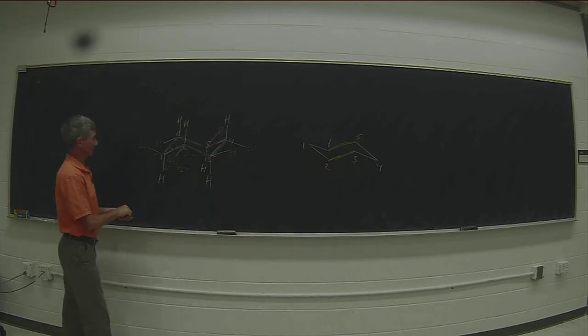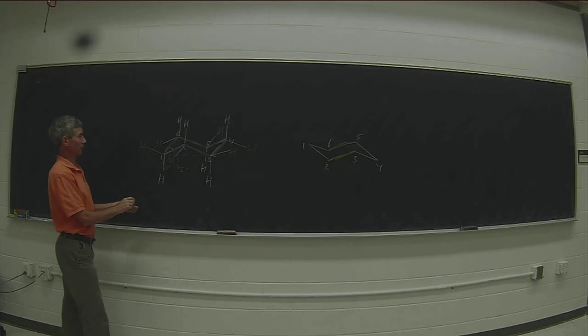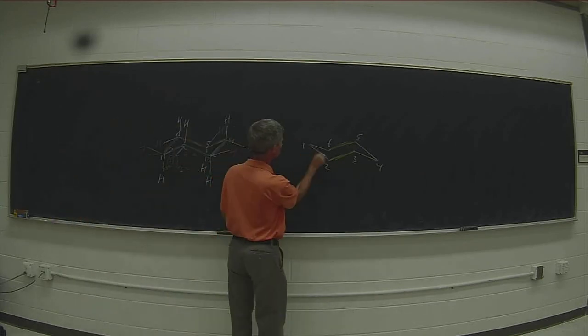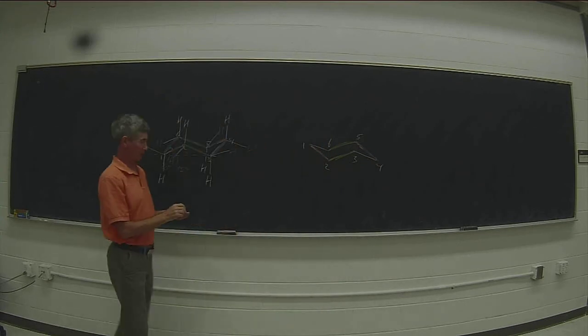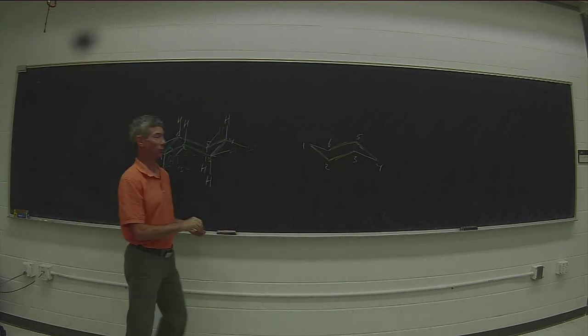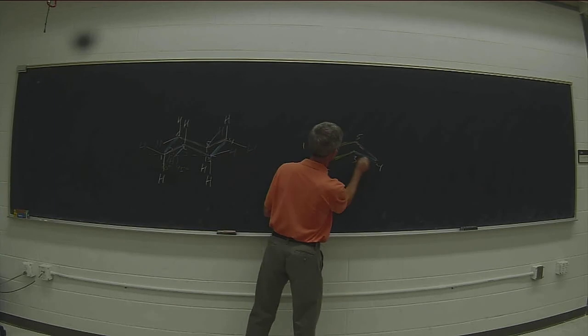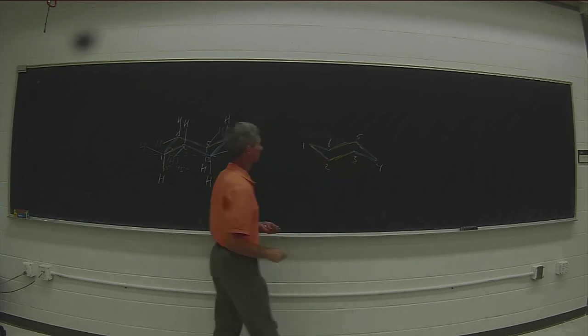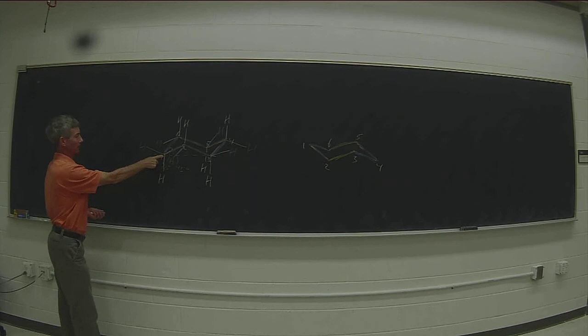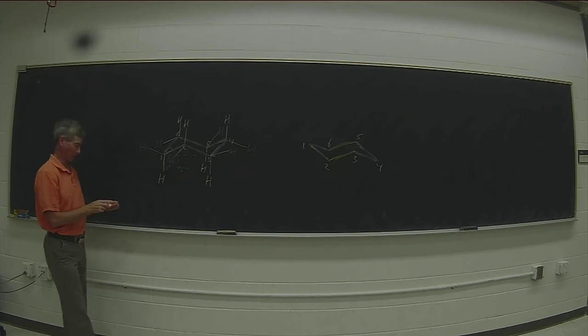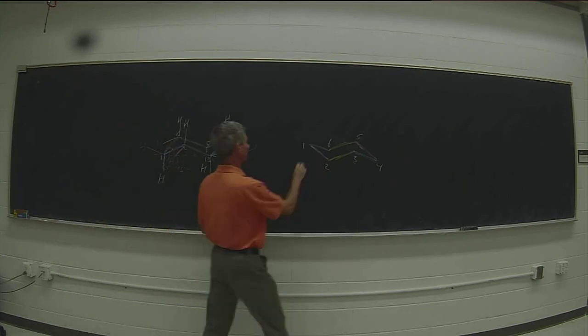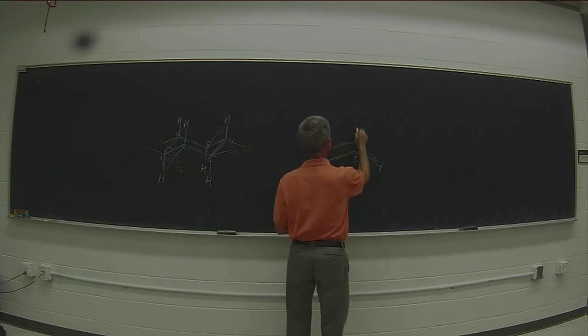The carbon 1,2 bond is parallel to the carbon 4,5 bond. And the carbon 3,4 bond is parallel to the carbon 1,6 bond. But now, carbon 1 is up on top, and carbon 4 is down on the bottom, which is the opposite of what we saw. We still have vertical lines for the axial hydrogens.